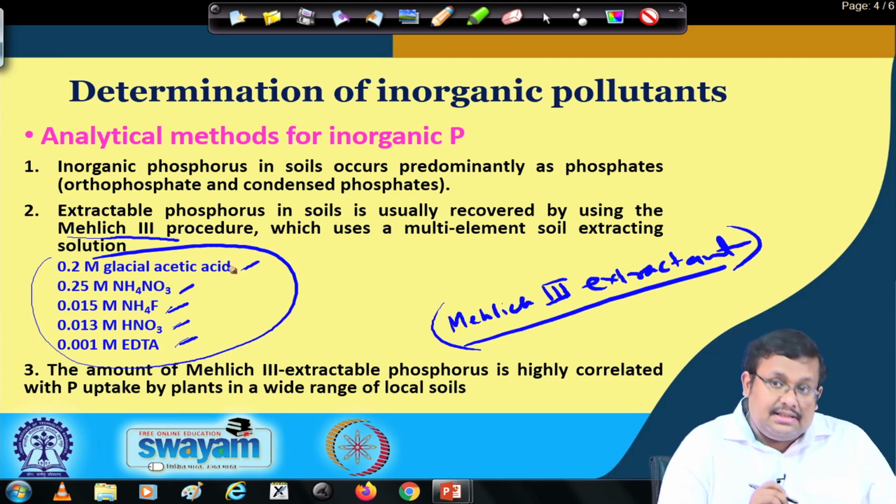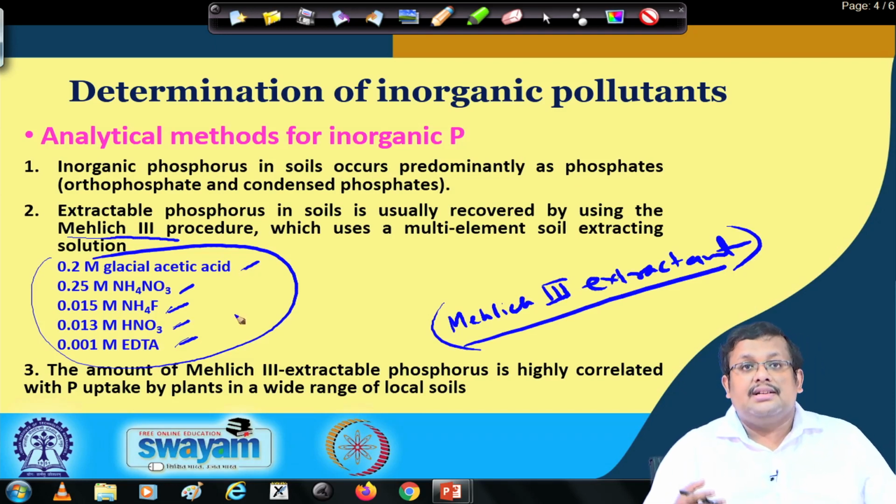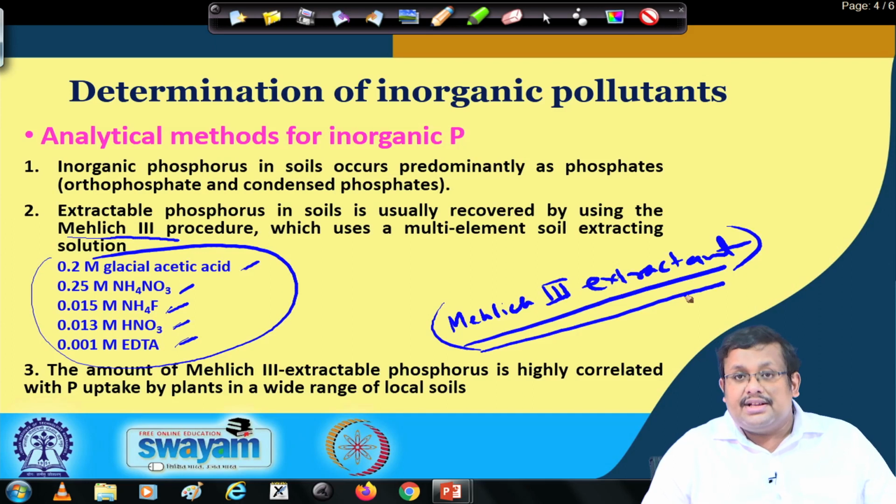And each of these components is known to extract more than one element. So, apart from nitrogen, all these other important trace elements as well as the primary elements can be extracted by this Mehlich III extractant.